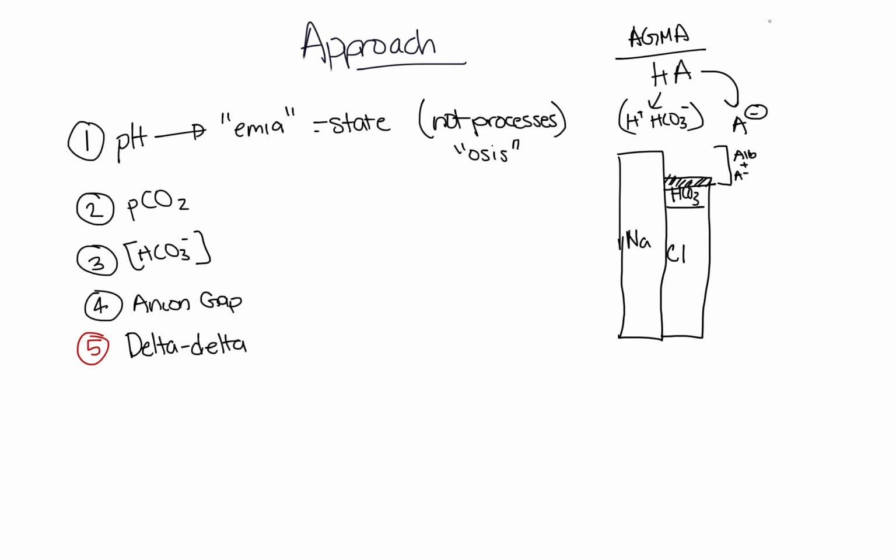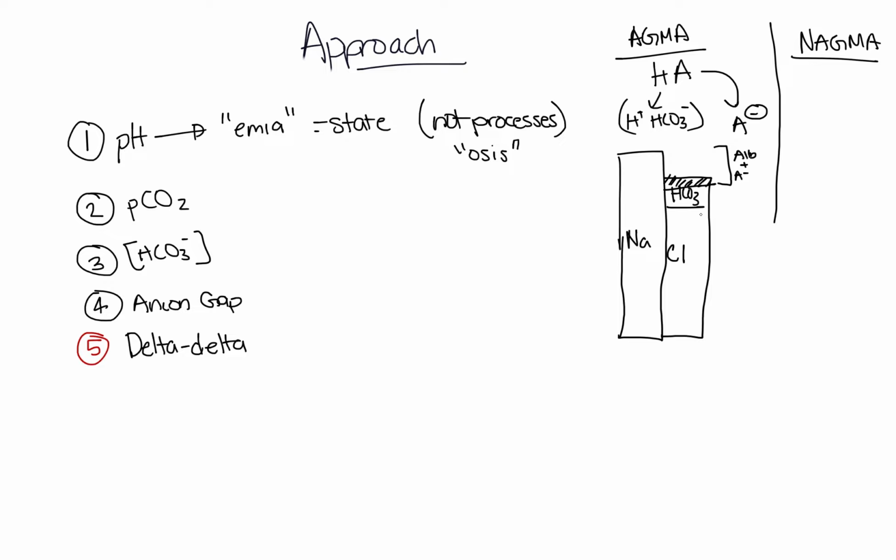Okay, but in your non-anion gap metabolic acidosis, for example, you have diarrhea or you're adding normal saline.